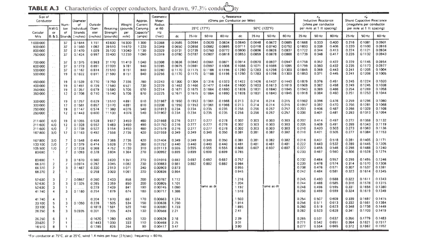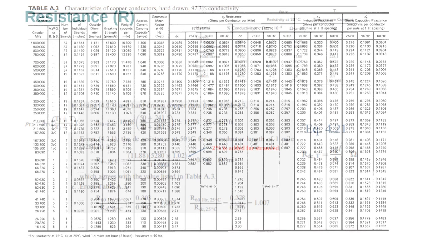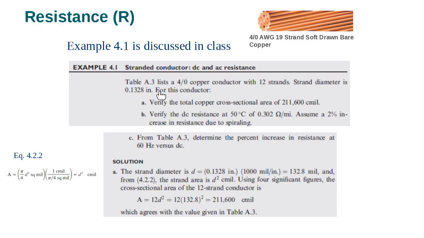All right. So let us look at the example. Table A3, which is the one that you just showed. You see, 4/0 copper conductor with 12 strands. Strand diameter is 0.1328 inches.